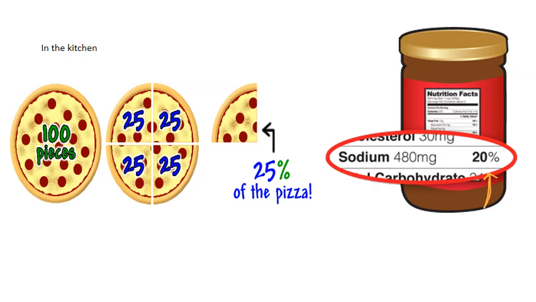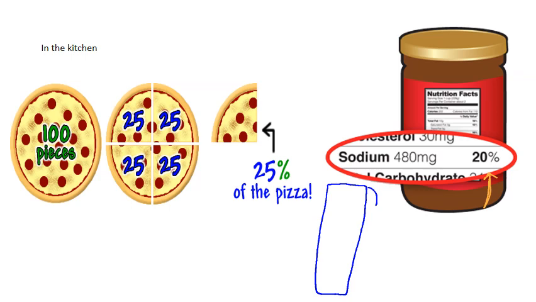So this peanut butter is saying that 1 serving of peanut butter is going to give you 20% of your daily sodium intake. So let's imagine that you have a little measuring tube, and every day you fill this tube with sodium, delicious, and that is what you're allowed to eat for your salt content for the day. Well, it's saying that if you eat this here peanut butter, you've consumed 20% of your sodium.